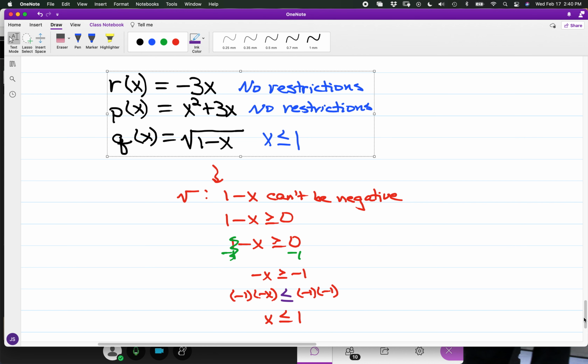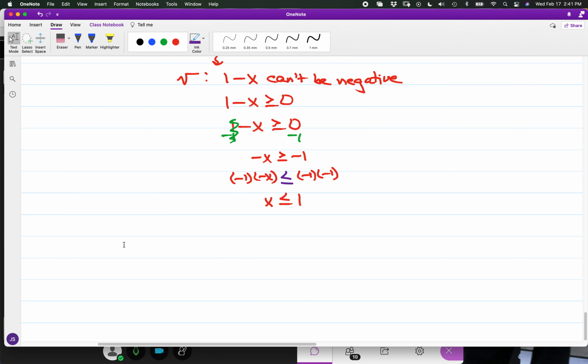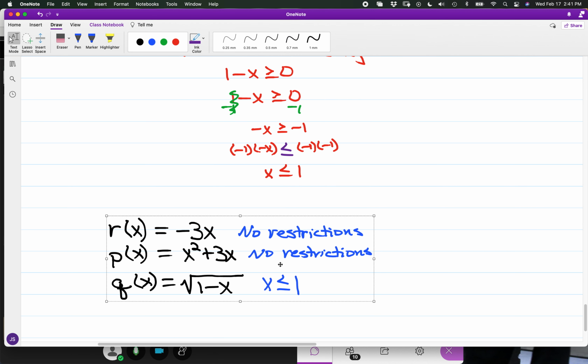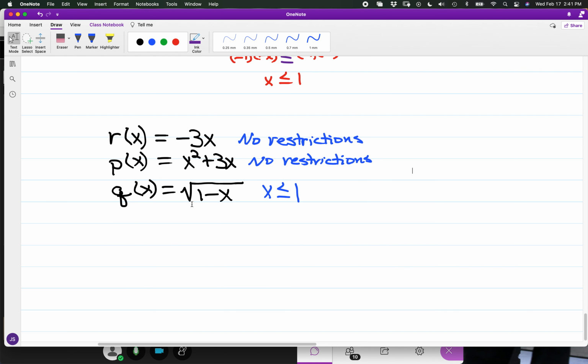Okay, so just laying the foundation. Again, R of x and P of x have no restrictions. Q of x is restricted, with the limitation that x be less than or equal to 1.